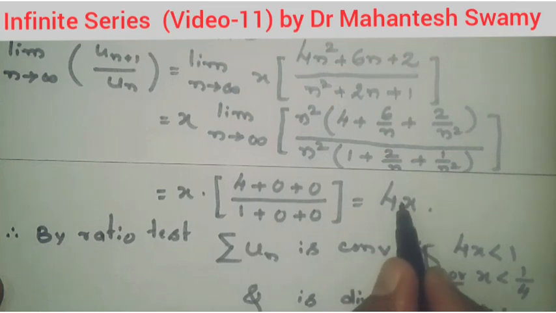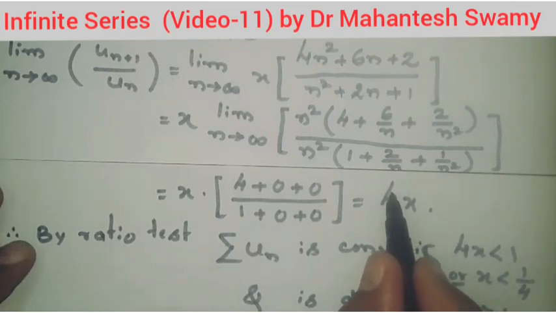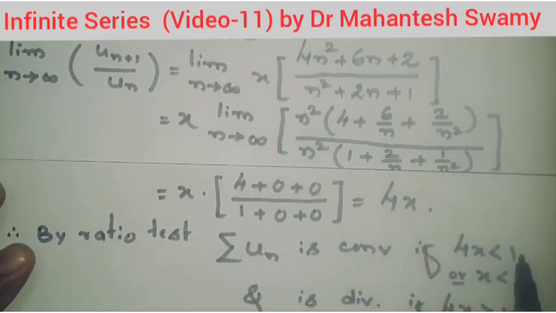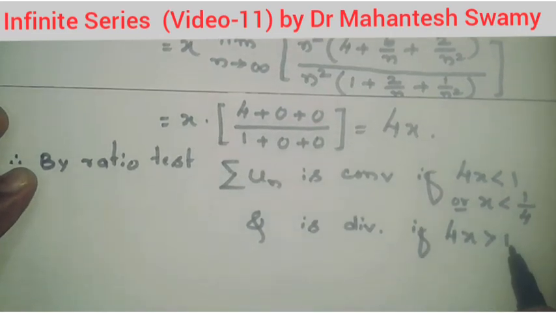That is, whatever limit we got, if that limit is less than 1, the series is convergent. If that limit is greater than 1, the series is divergent. So 4x greater than 1 means x greater than 1 by 4.